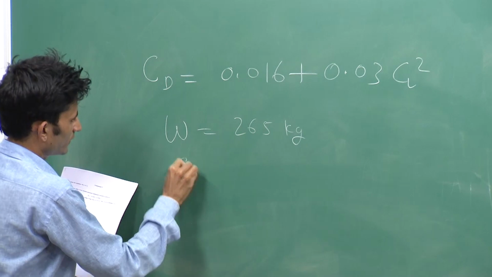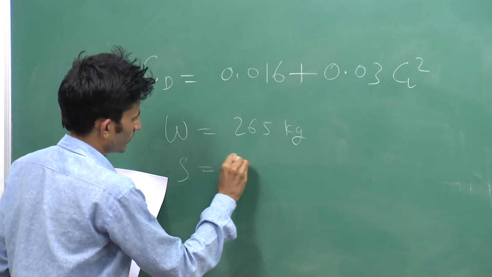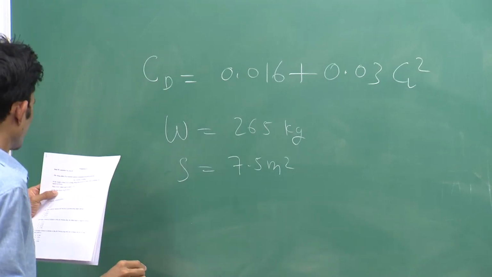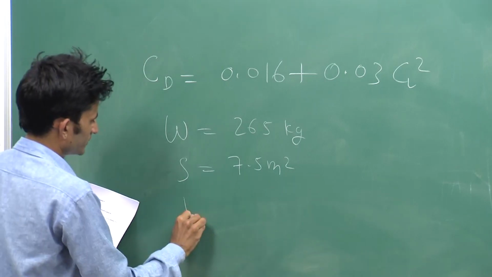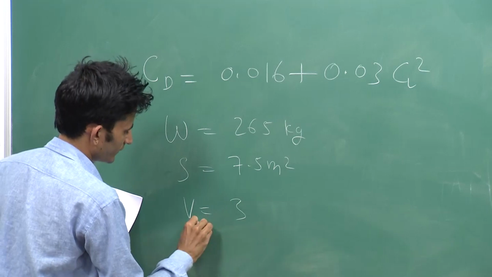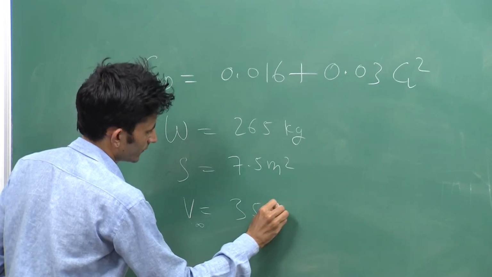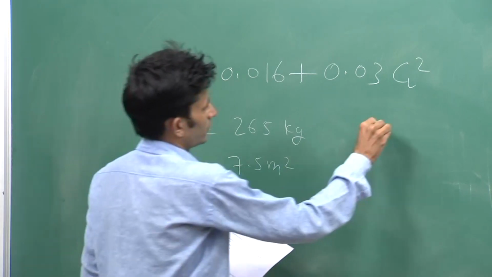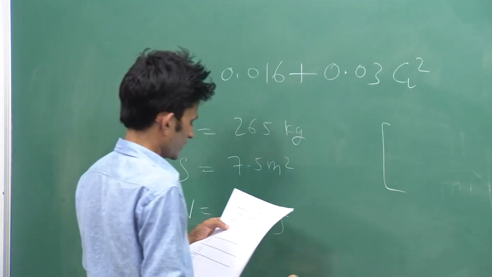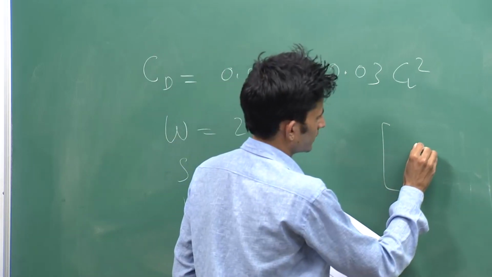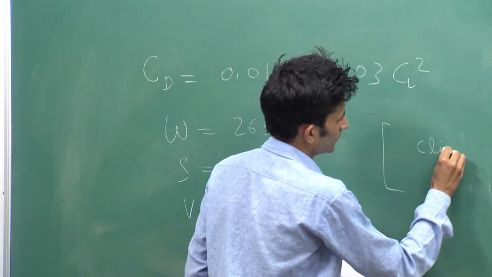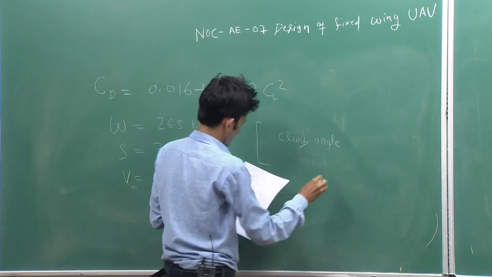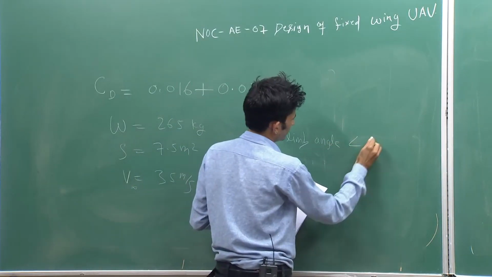The wing area of the UAV is 7.5 meter square, and the UAV climbing speed V infinity is 35 meter per second. It is also given that small angle assumptions apply, with climb angle less than 5 degrees.